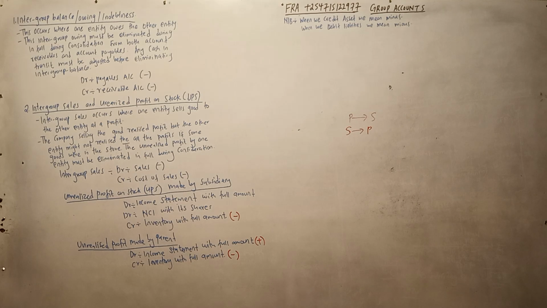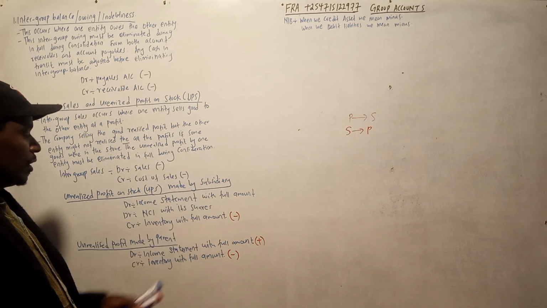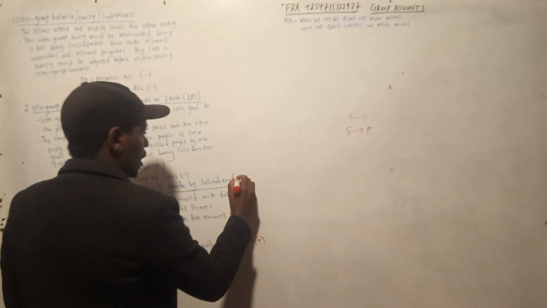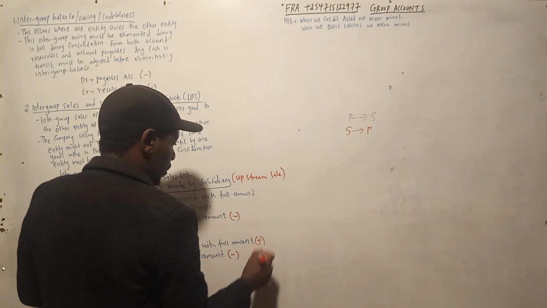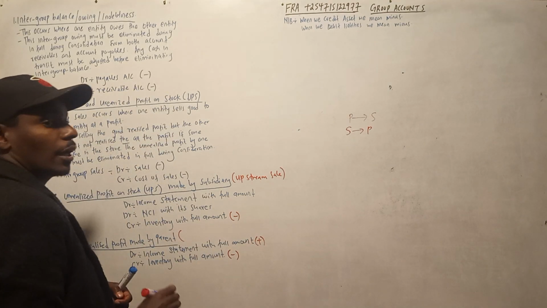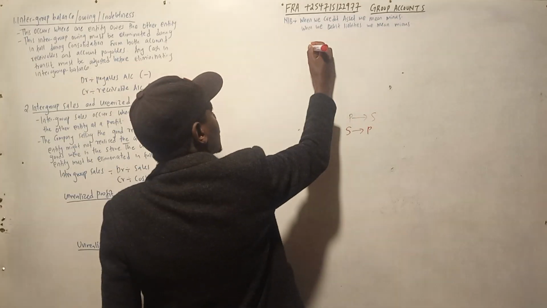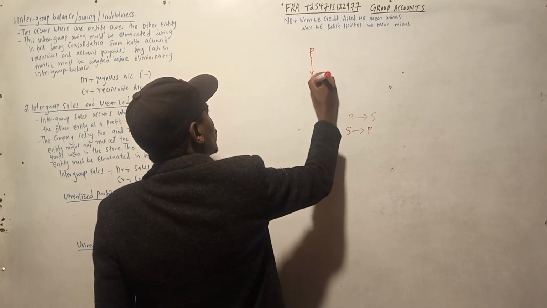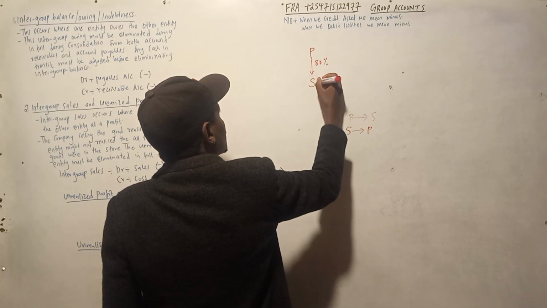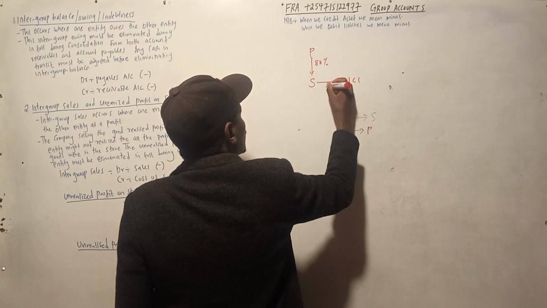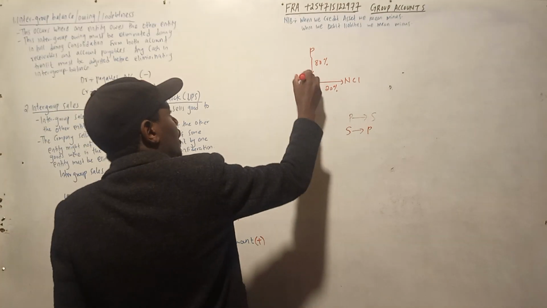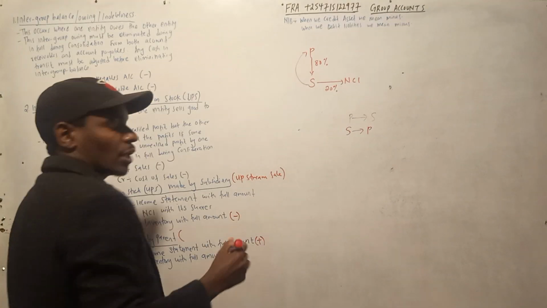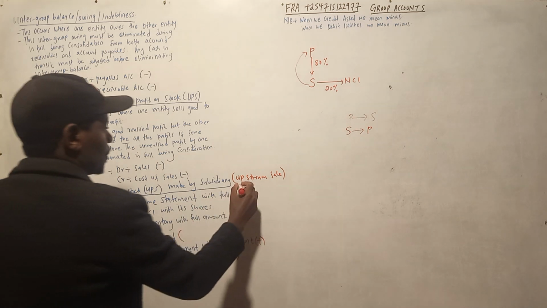So that's all about the intergroup sales. When you talk about unrealized profit made by the subsidiary, this is called an upstream sale.